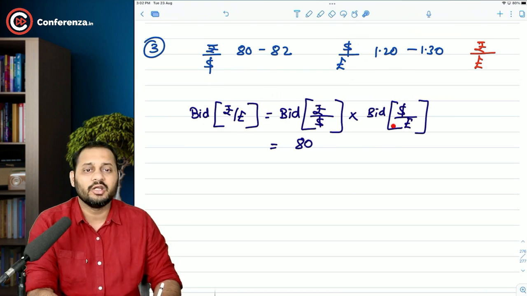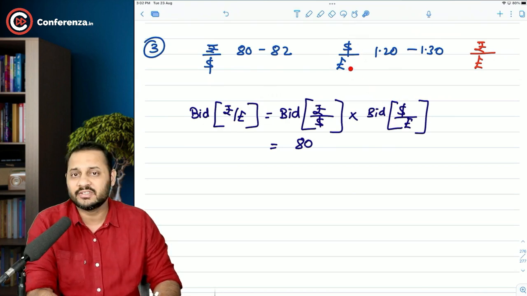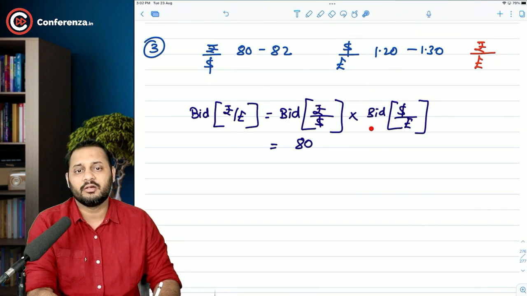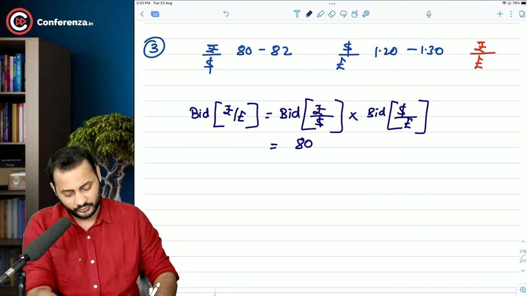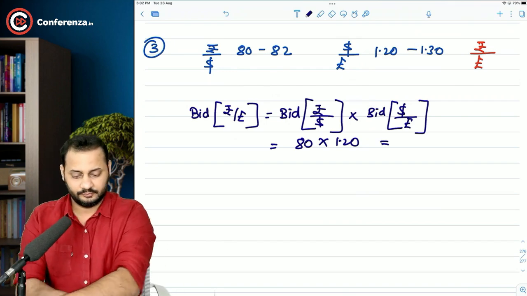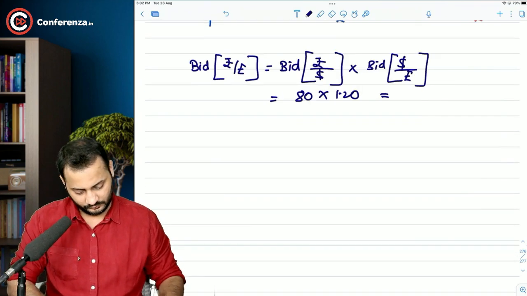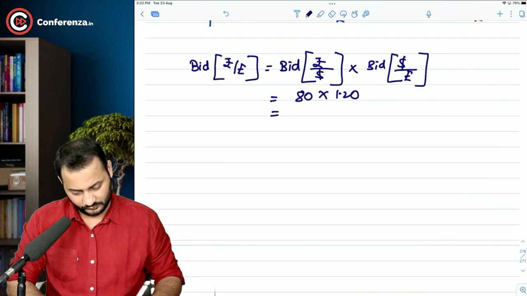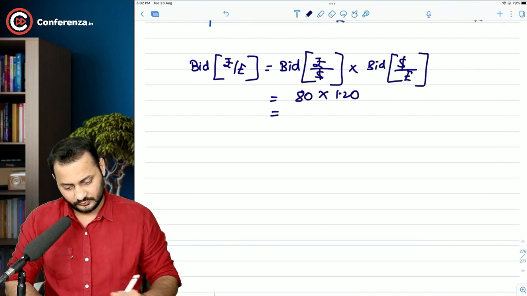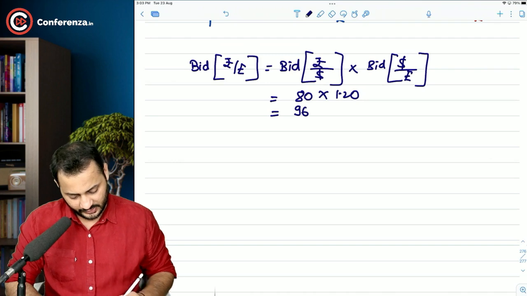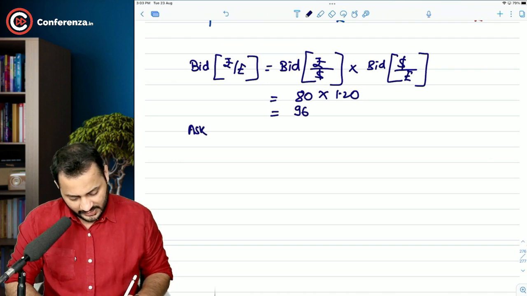We need dollar per pound, and dollar per pound itself is the given data. So pick the bid rate of that, which is 1.20, and your answer will be 96.